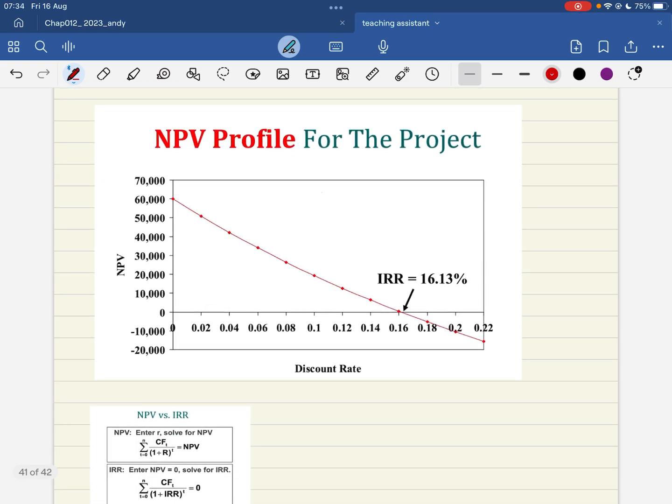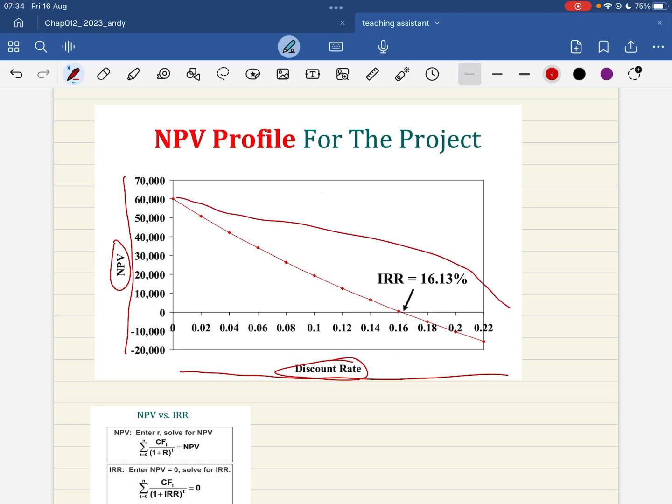On the vertical axis, we see the NPV of the project, ranging from minus 20,000 to 70,000 USD. And on the horizontal axis is the discount rate. So let me explain this graph. This skew line indicates the NPV of the project according to the discount rate.